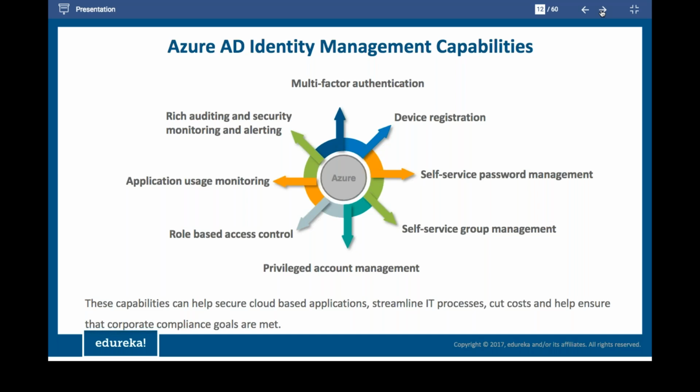Okay. And next you have self-service password management. That's where you're going to set up your password. Okay. You're going to reset the password on your own. So that's self-service management. And you have self-service group management. You can enforce a policy towards a particular group. And privileged account management is about having one person as a user or an administrator, owner.